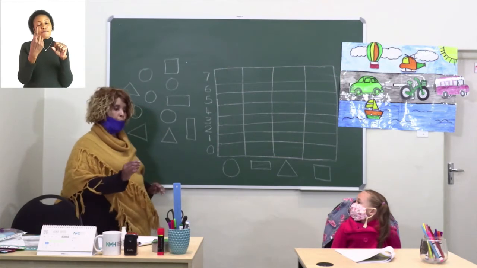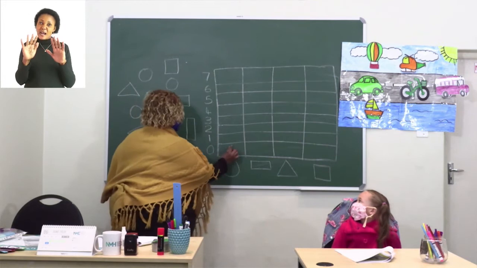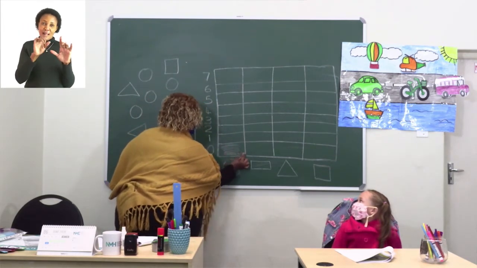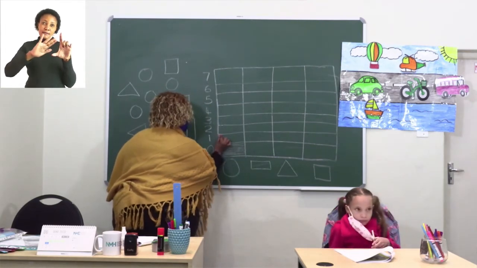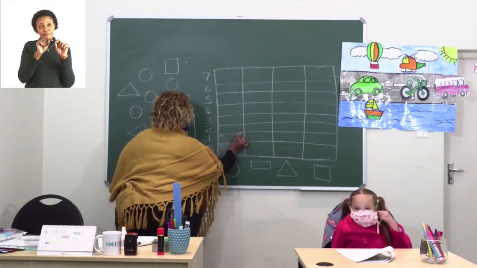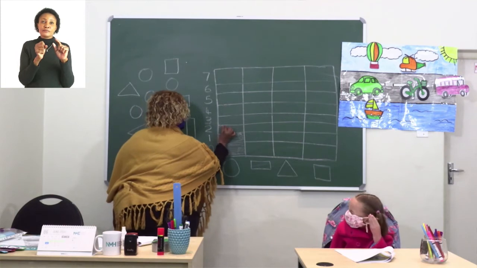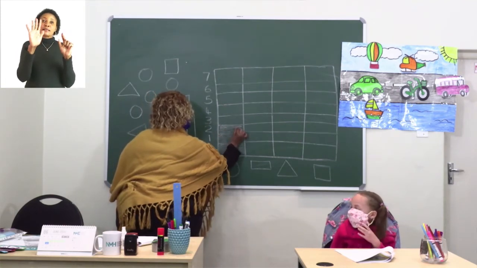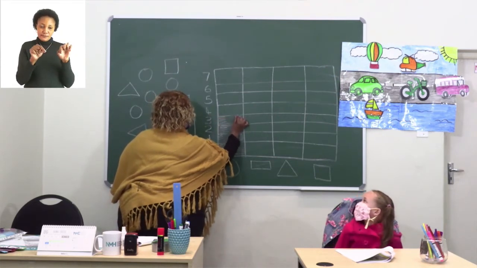So what you're going to do, take your crayon, any color that you want, and you are going to color in. I'm not doing it perfectly, but I know that you are going to do it much nicer and perfectly. Because we have counted 5 circles, you are going to color in up to number 5.